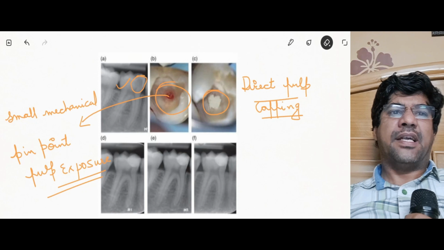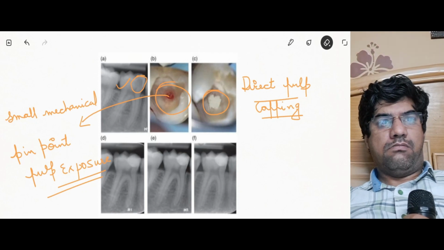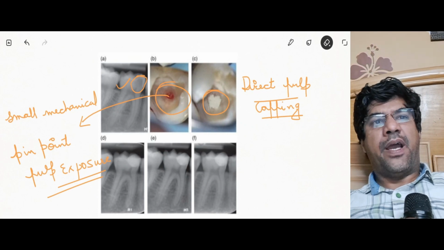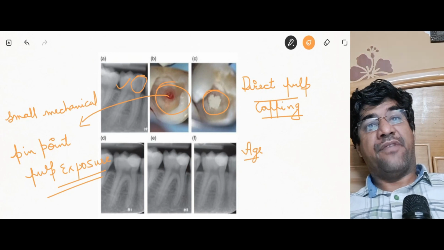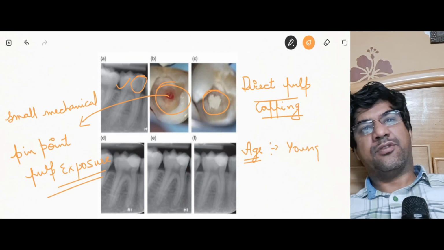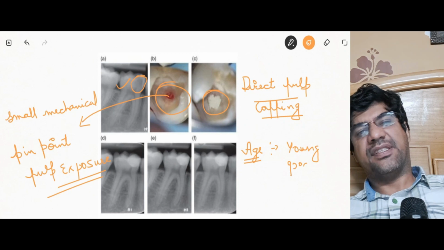So what are the factors that will affect the success of direct pulp capping? Number one is the age of the patient. Why does a young patient have a better prognosis? Because they have a very good vascular supply. Due to the vascularity of the pulp, the young patient will have greater potential for success.